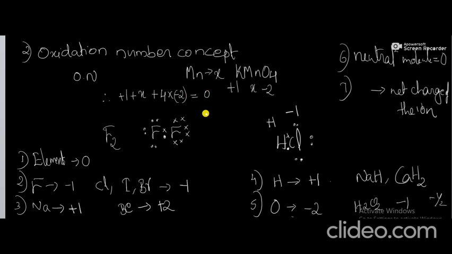That is X - 7 = 0, or X = +7. That is, the oxidation number of manganese in KMnO4 is +7.